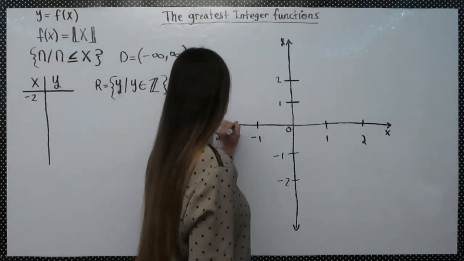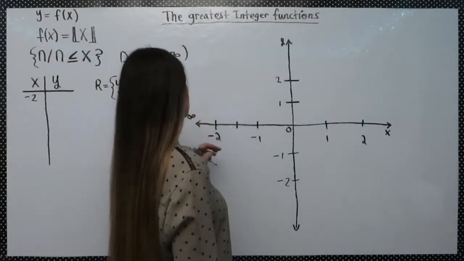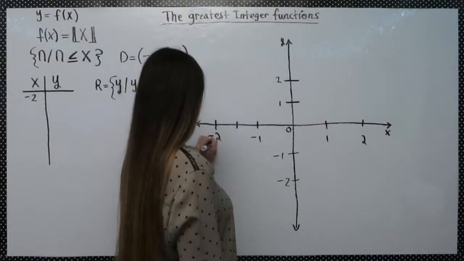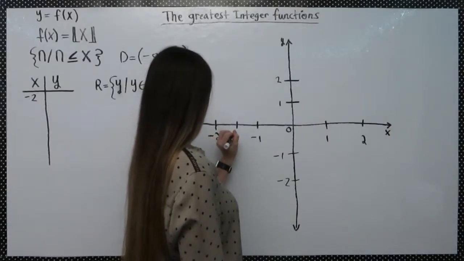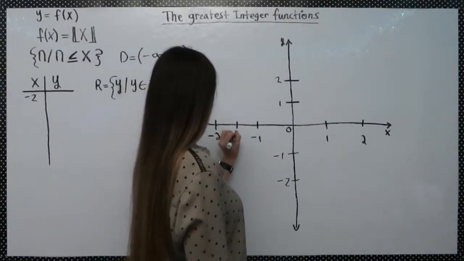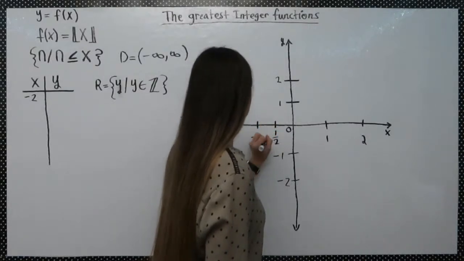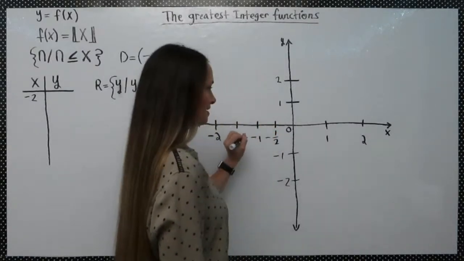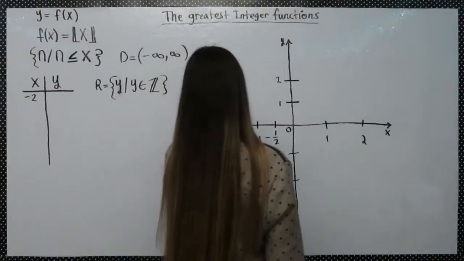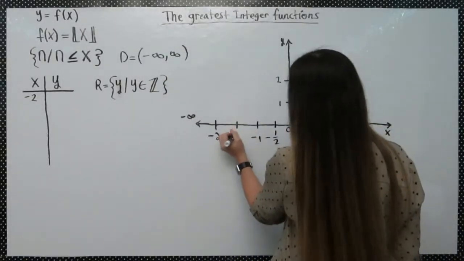So -2, this is negative. So this would be -1/2. I gotta go backwards. -1/2, and then -3/2.